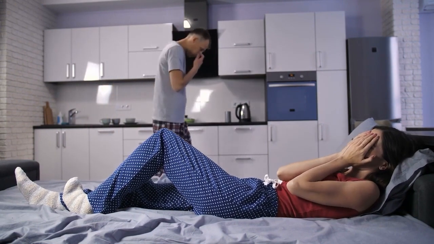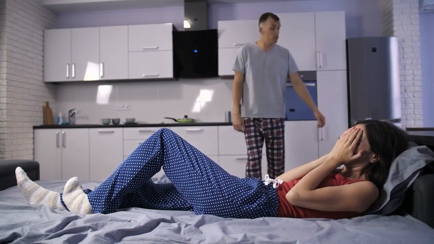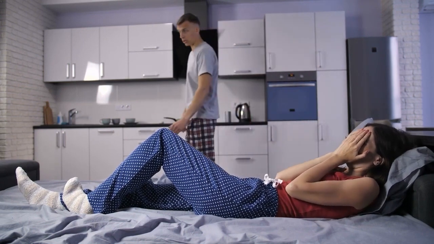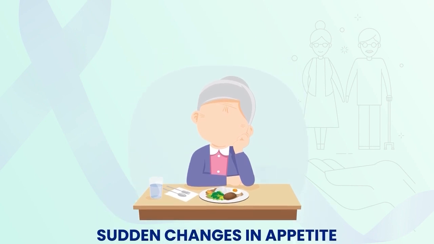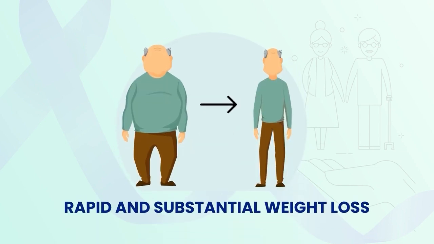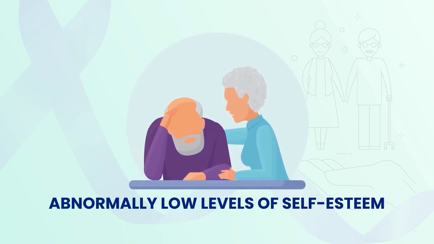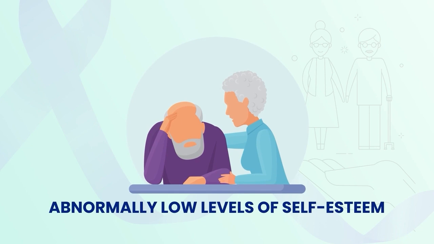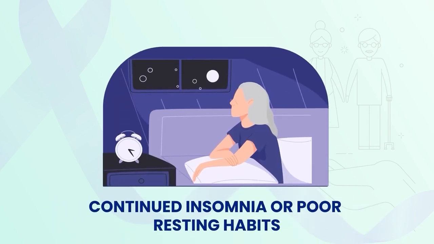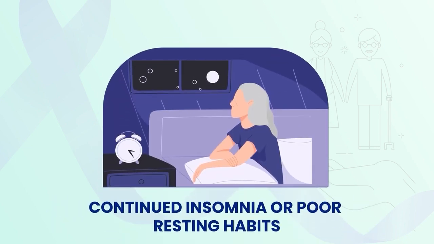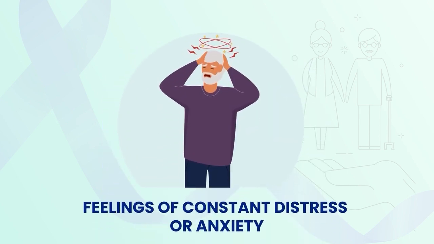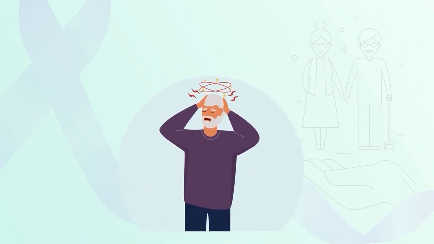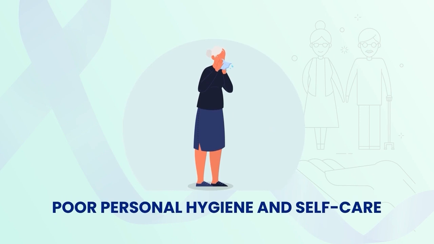However, a victim of emotional abuse is highly likely to show at least one of these disorders: sudden changes in appetite, rapid and substantial weight loss, abnormally low levels of self-esteem, continued insomnia or poor resting habits, feelings of constant distress or anxiety, poor personal hygiene and self-care.